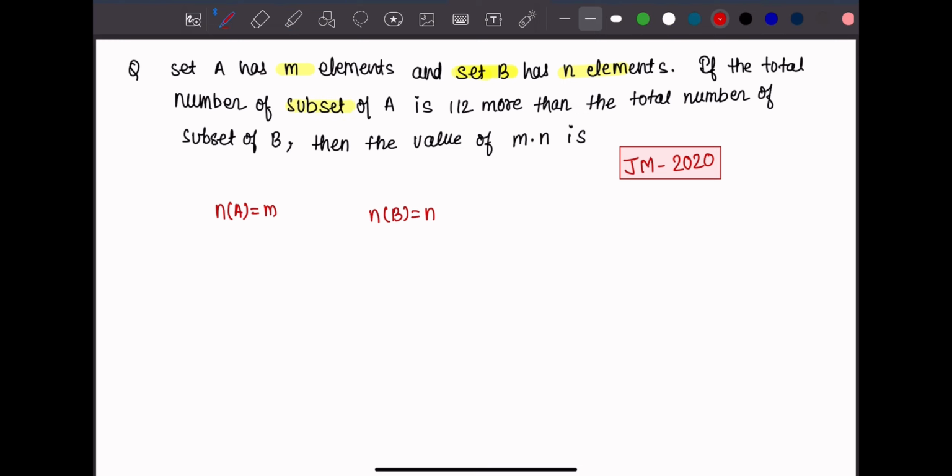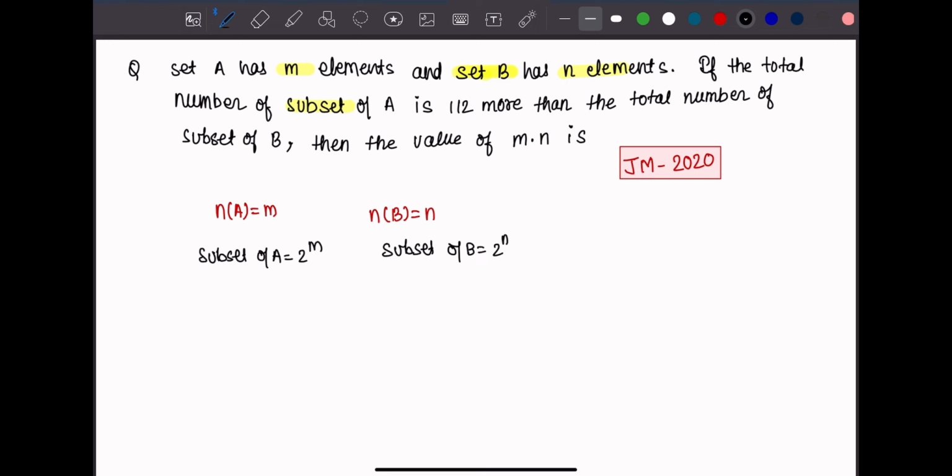They are talking about subsets, so the number of subsets of A is 2 power m, and the number of subsets of B is 2 power n.